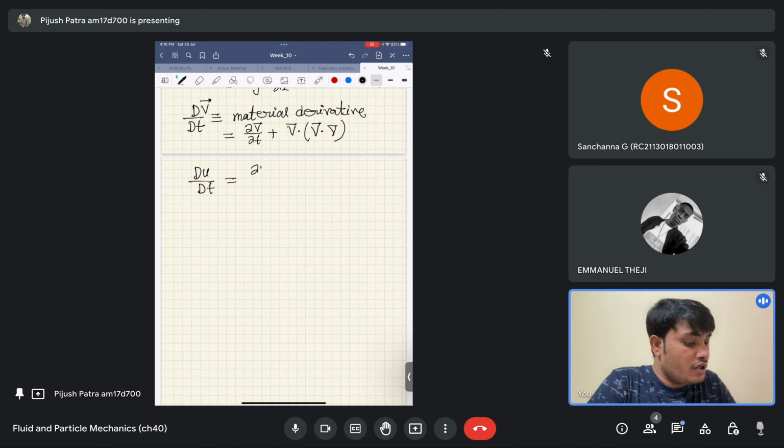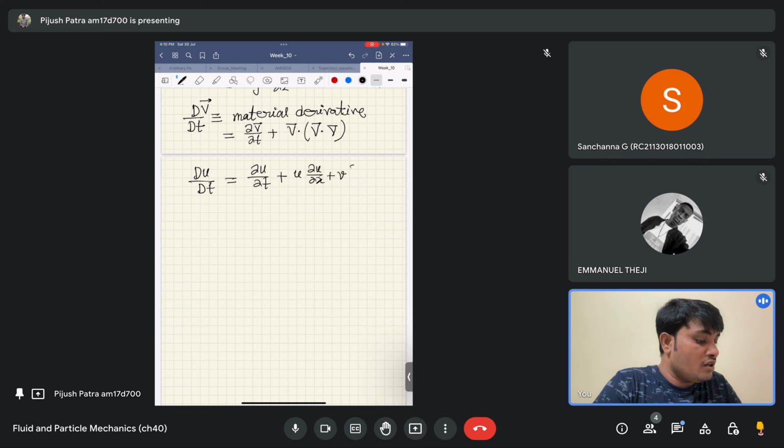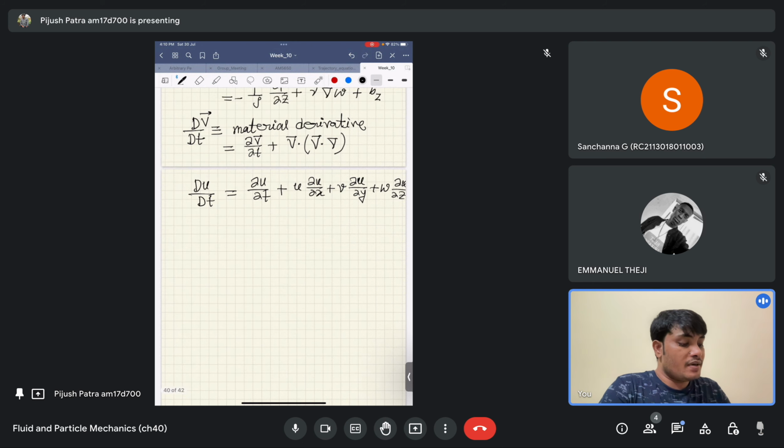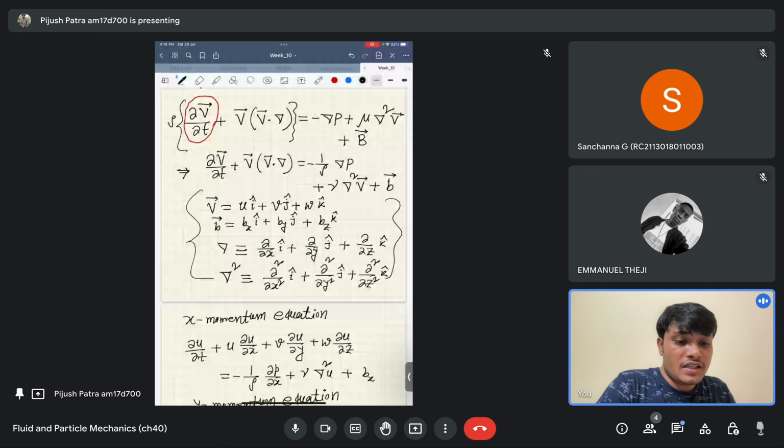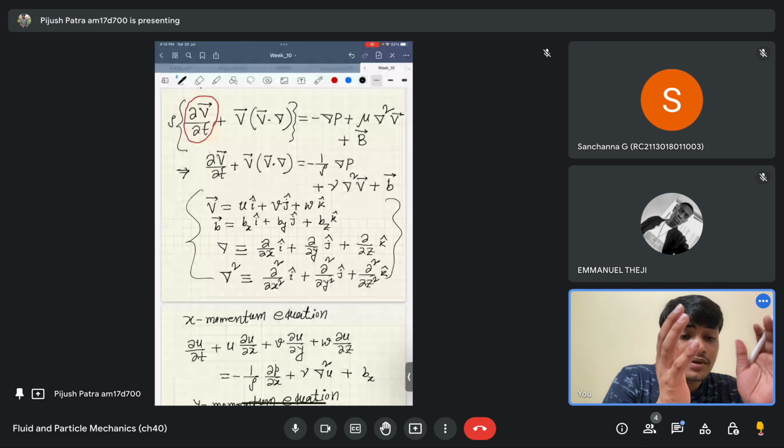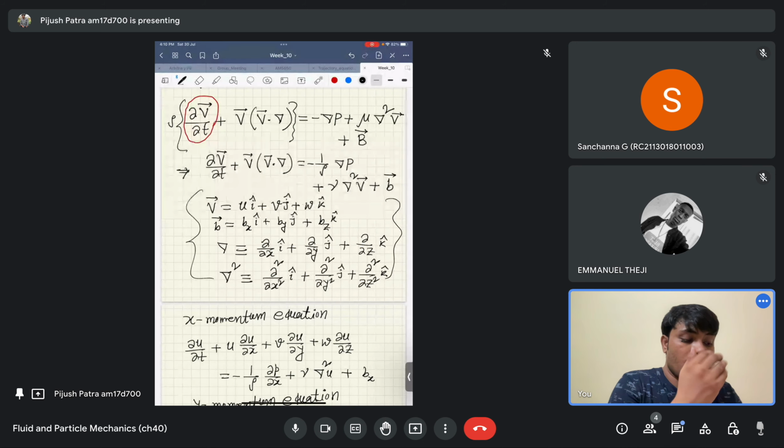It will be simply ∂u/∂t, like du/dt, equals ∂u/∂t plus u ∂u/∂x plus v ∂u/∂y plus w ∂u/∂z. Okay, so this is the material derivative term. This entire left hand side is basically the acceleration term, the fluid acceleration term, if you consider it in that sense.